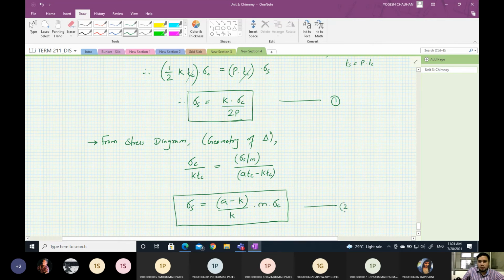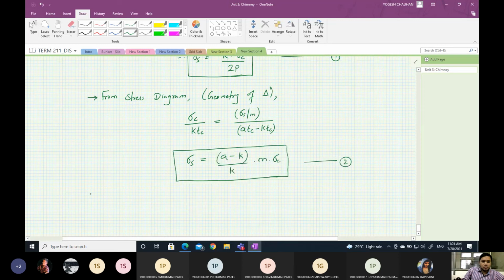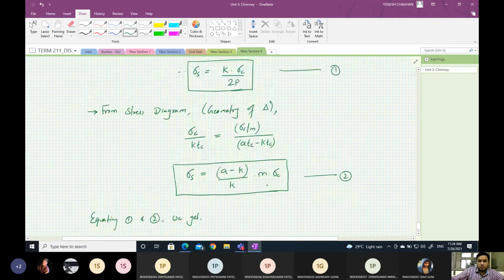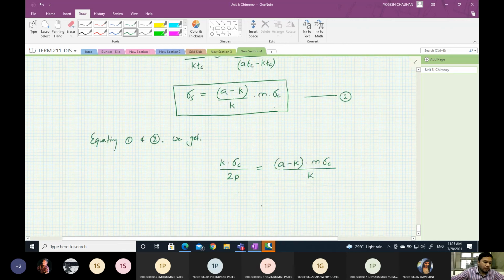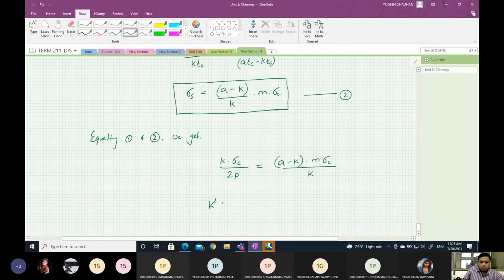Now equating 1 and 2, we get K times sigma C by 2P equals (A minus K) m sigma C by K. So you can write K square equals 2A P m minus 2K P m.